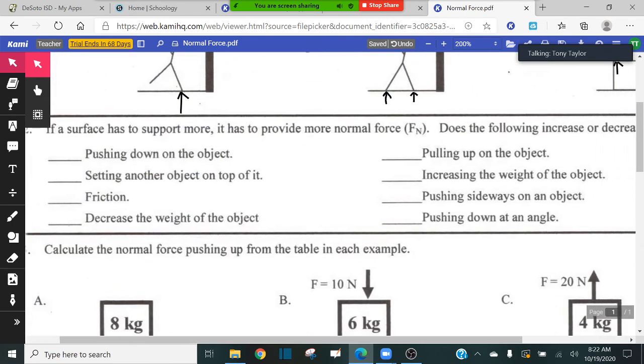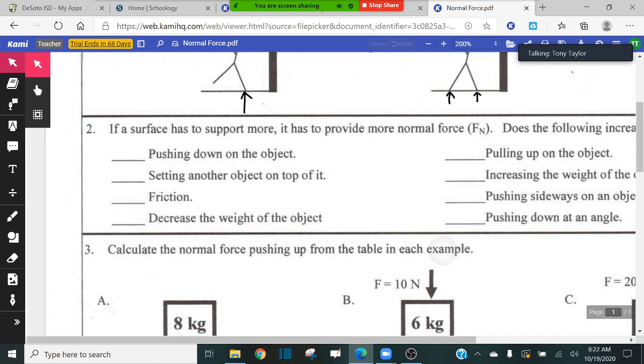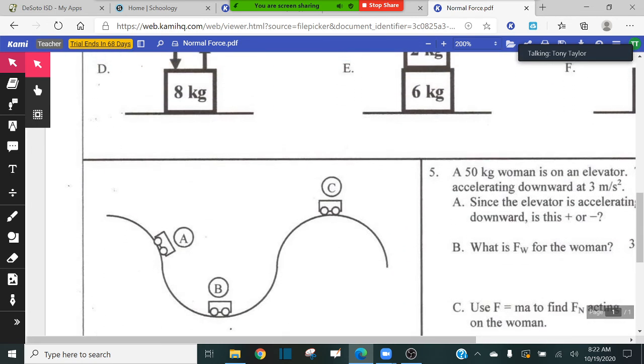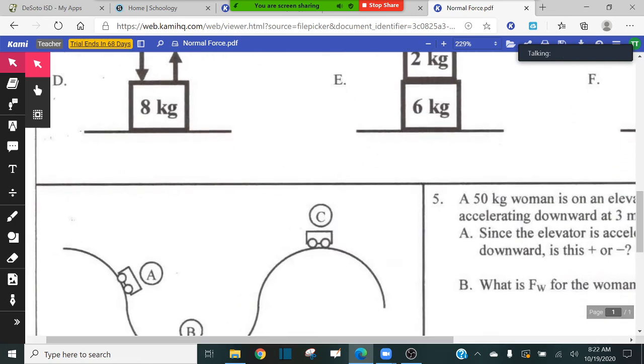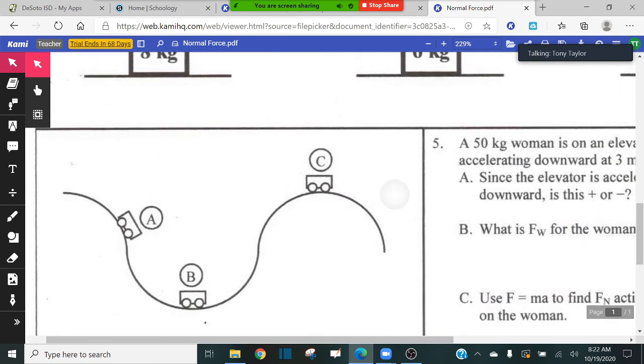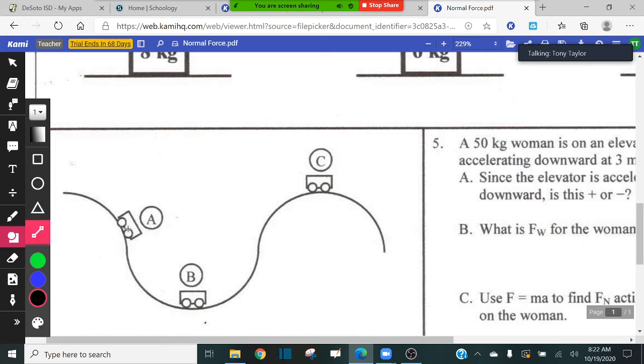Before I look at number 2, I want to look at this diagram here. If we have a roller coaster here, how can we label the direction of the normal force acting on the roller coaster? There's a surface of contact here, so the normal force must be pointing in that direction, because the normal force is always perpendicular to the surface of contact.